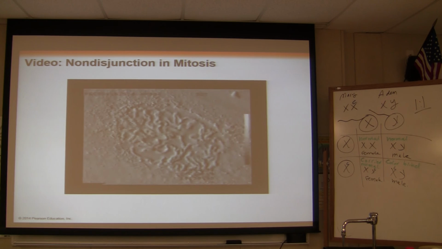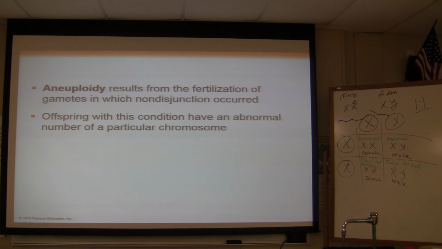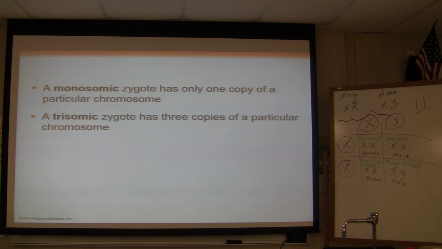This is a video showing non-disjunction of chromosomes. Aneuploidy: what does "an" in front of a word mean, guys? Without. Aneuploidy means without the correct number. Aneuploidy results from fertilization of gametes in which non-disjunction occurred. Offspring with this condition have an abnormal number of particular chromosomes.